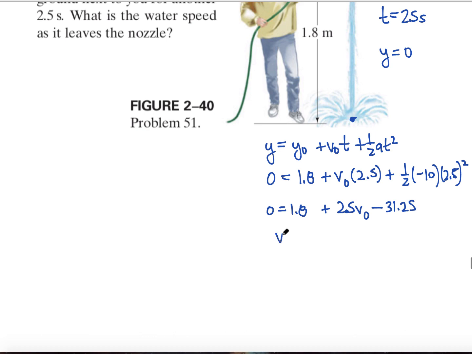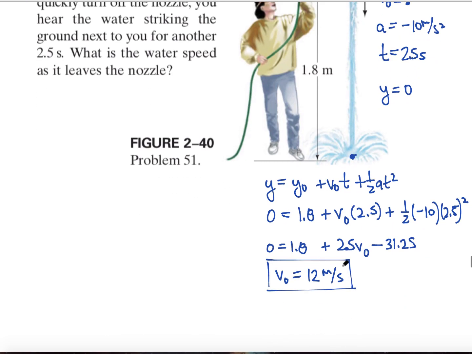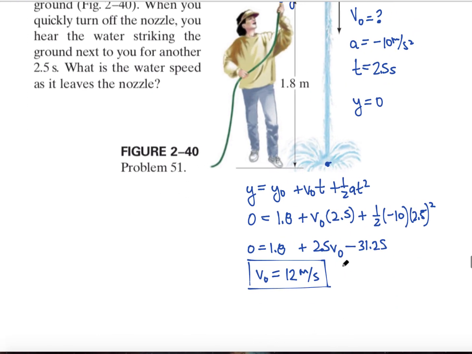At this point, I'm just solving an algebra equation. So my v naught will end up being approximately 12 meters per second. I'm rounding this a little bit because all of the numbers I was given only started with 2 digits, so I'm going to keep 2 digits for my answer.